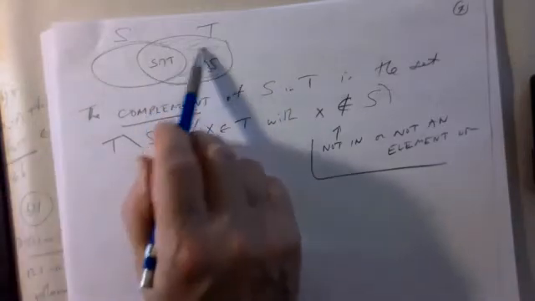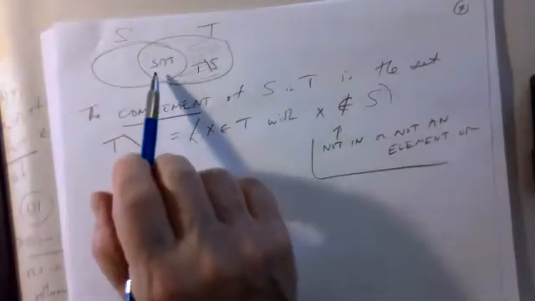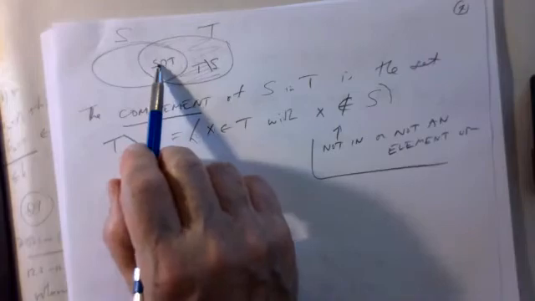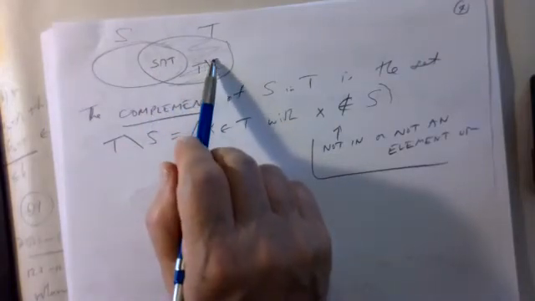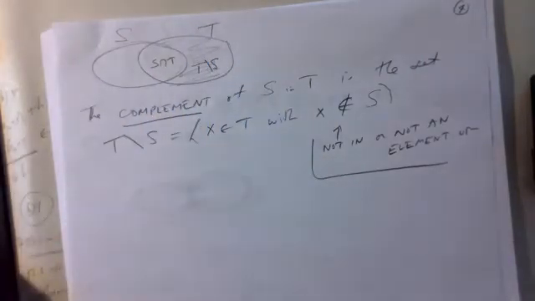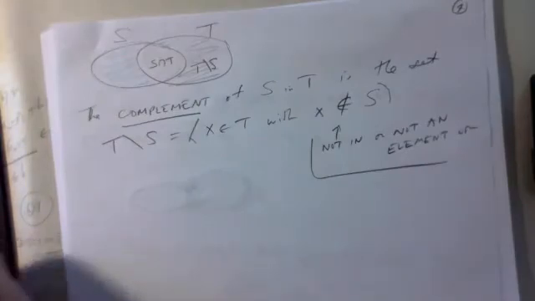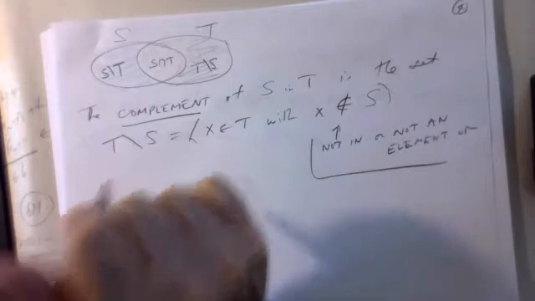And so if you look at this is S and this is T, this is the intersection. This is everything in T that's not in S. This blue is everything in S that's not in T.